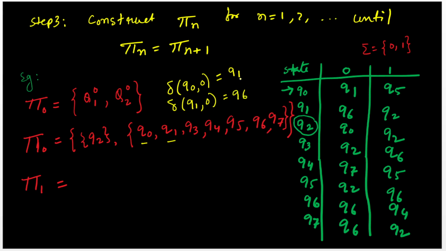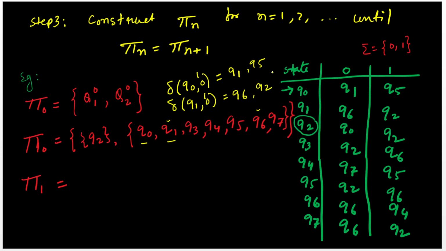That means both q1 and q6 are non-final states, and they belong to the same equivalent class. Now we have to look for 1. For 1, what are the outcomes? If the input is 1, q0 will give you q5, and q1 with 1 will give you q2.